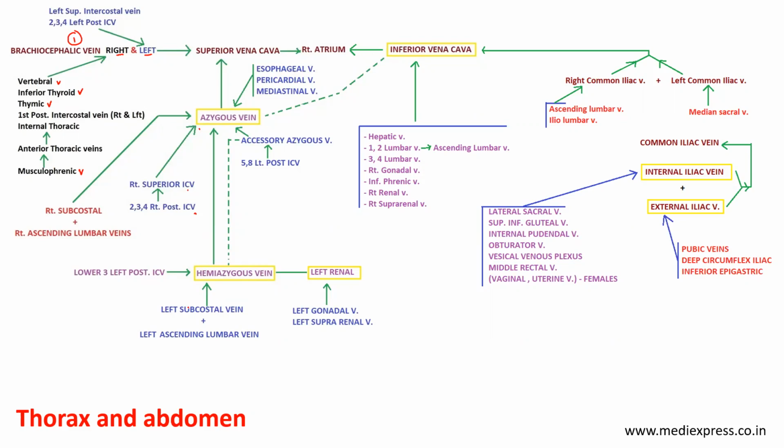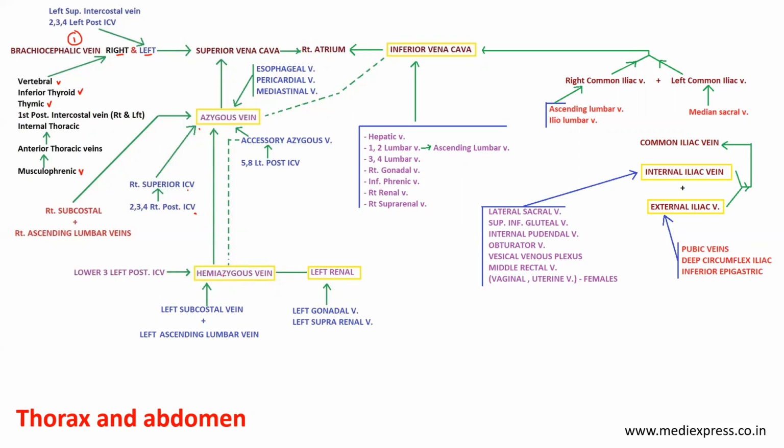From there, as well as the addition of these two together, it will drain into the hemiazygous vein. Now there is a connection between the hemiazygous vein and the left renal vein. So from the left gonadal vein and the left suprarenal vein, these two will drain into the left renal vein. Now these both have a connection, and together it will go and drain into the azygous vein.